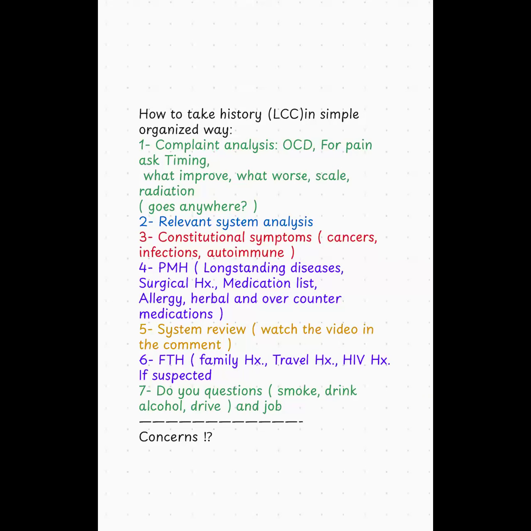So if you have weird symptoms, you can ask about herbal remedies. Over-the-counter medication, always ask about it if you have a patient, for example, with medication overuse headache. The patient will take medication without medical advice.